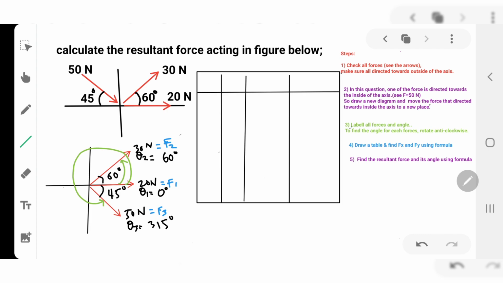Because we have 3 forces, divide it into 3 rows. So fill the table with this information.